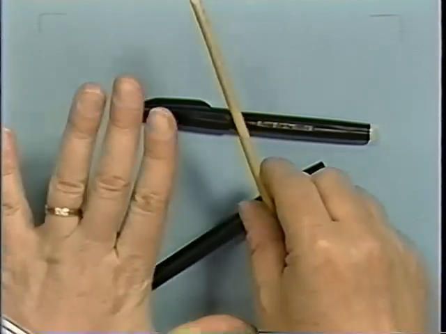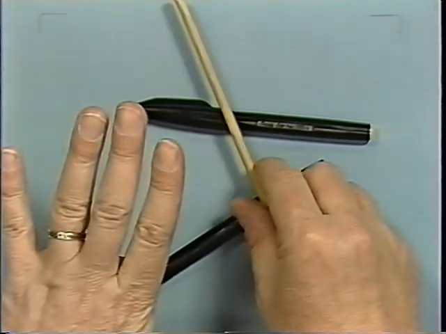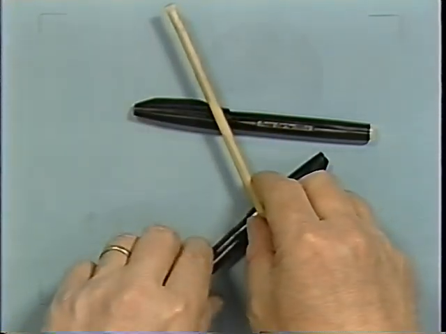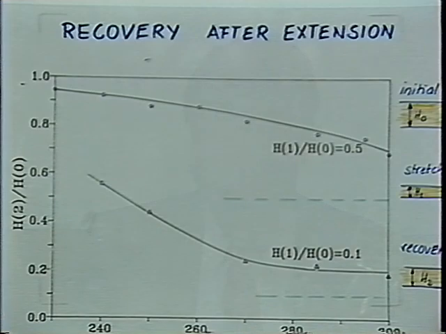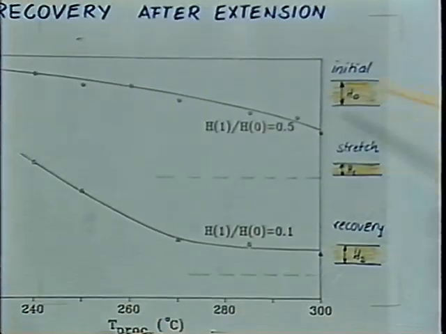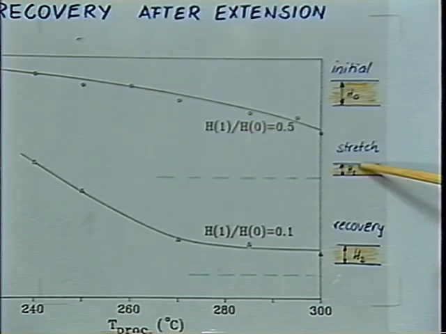Now, those semi-rigid molecules would not stay in that push-down state if you give them the freedom to move. So we took the samples and heated them up again. This was the initial size of the sample, H0. After stretching, the sample was thin, squished down to H1, and then it was heated up again to 300 degrees C, and it could recover.